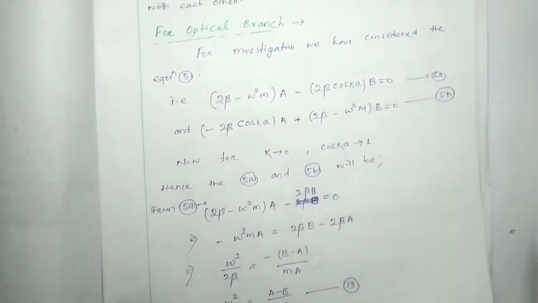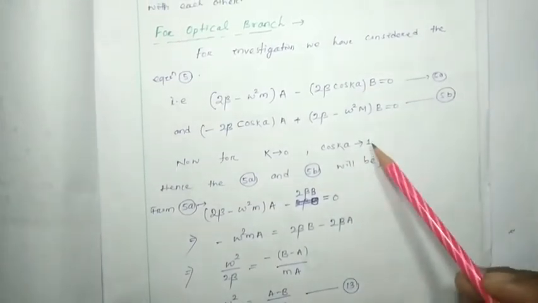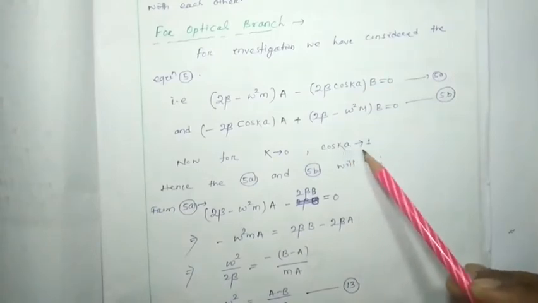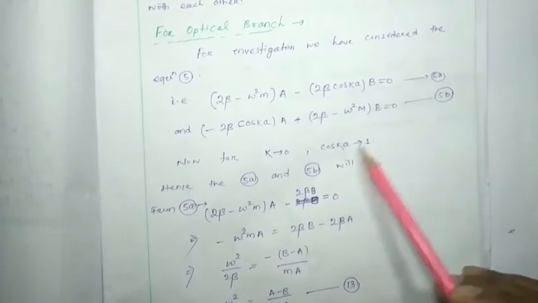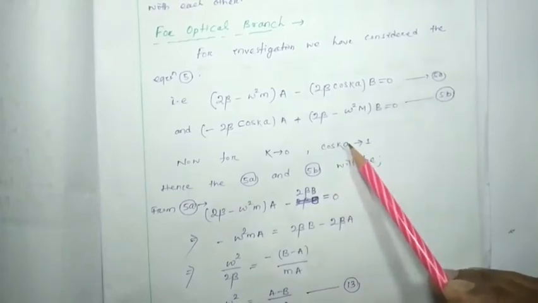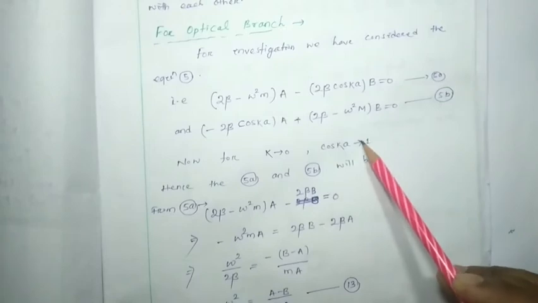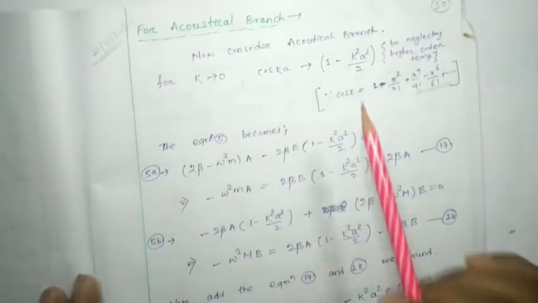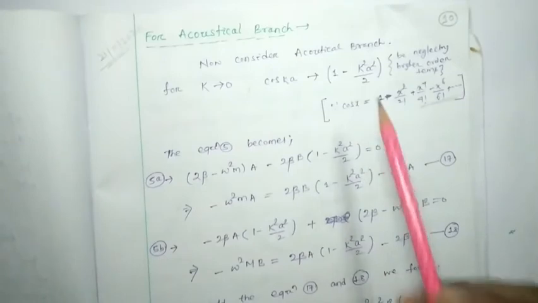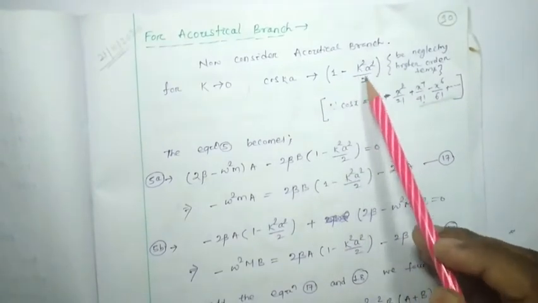So for the acoustical branch, we have to consider a somewhat lesser value as compared to the optical branch. Here cos ka will be equal to 1 if k tends to 0, the so-called maximum value of cos ka. But in the case of the acoustical branch, we have to consider somewhat less compared with the optical branch. That will be 1 minus k square a square by 2.